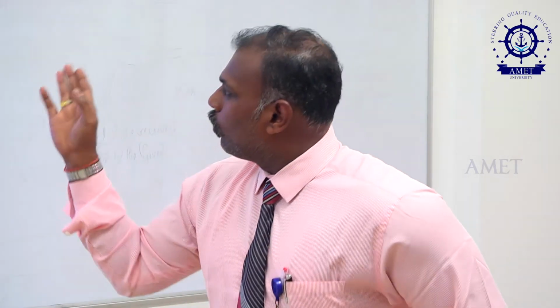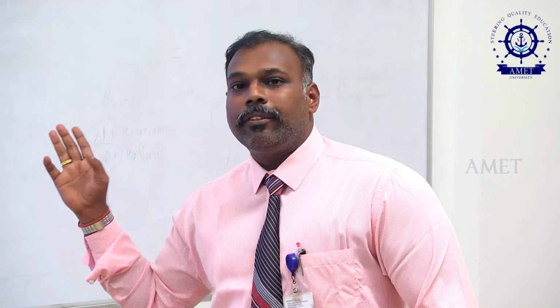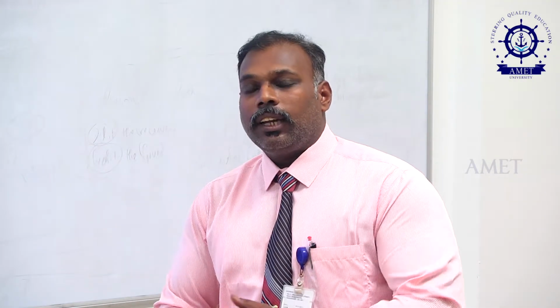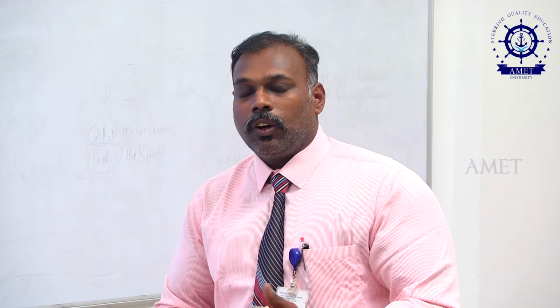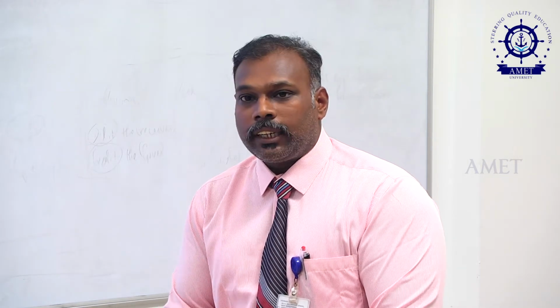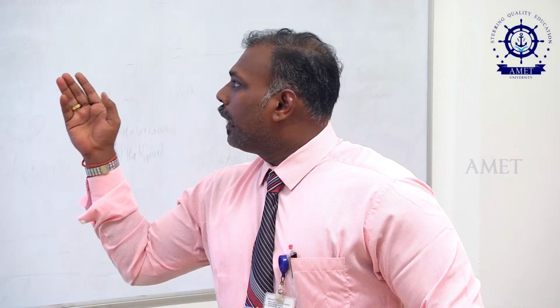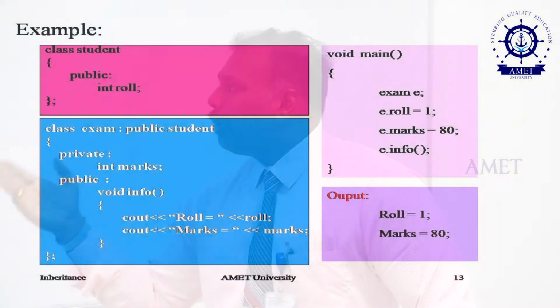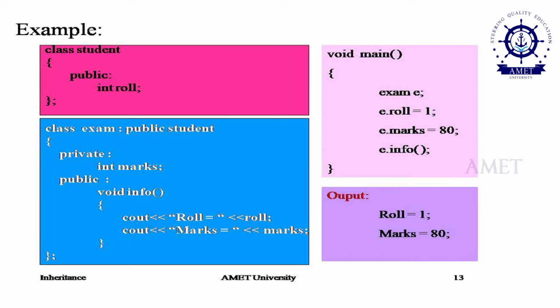And then next, void main. Here the main function starts. Whatever the last derived class is, we take it for the object creation. So exam E, where exam is the name of the derived class and E is the object, and then E dot roll. It means we are going to access the member variable of the base class.